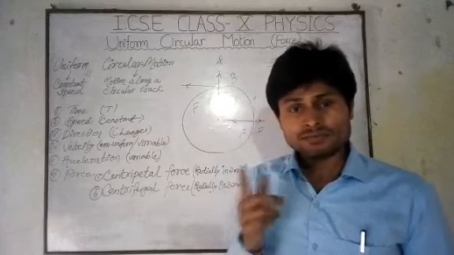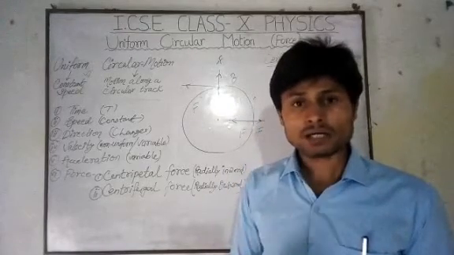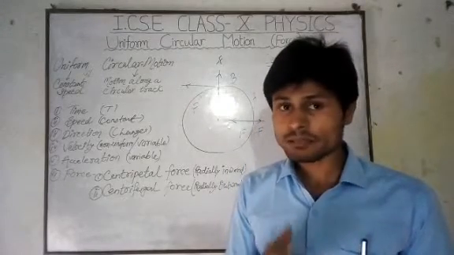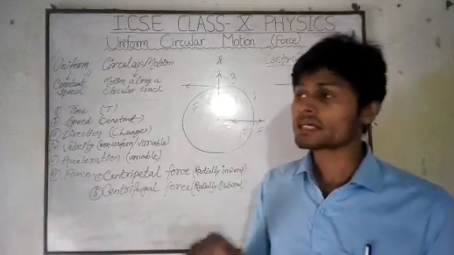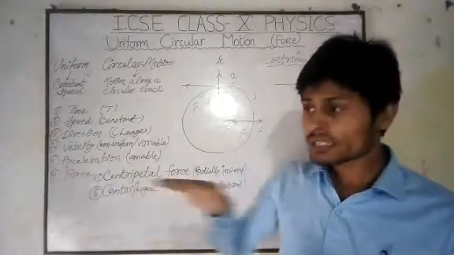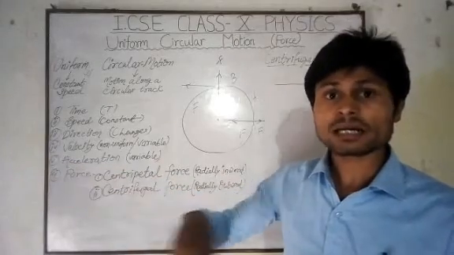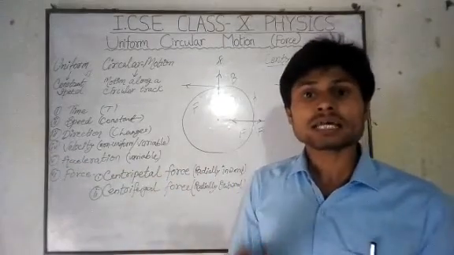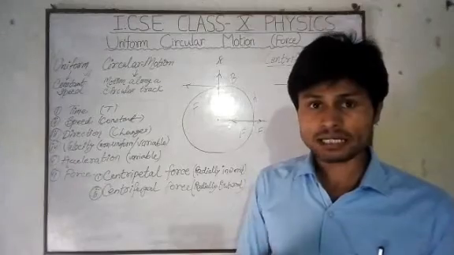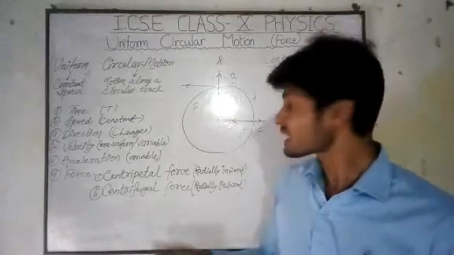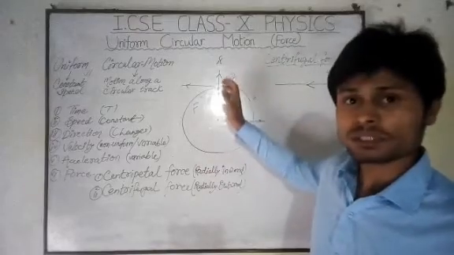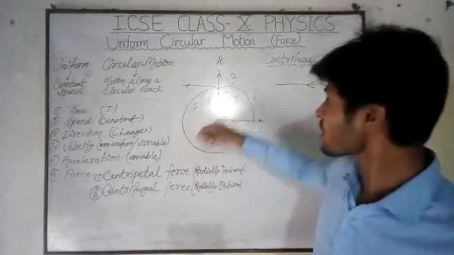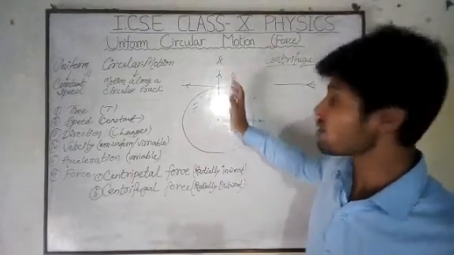Now if the centripetal force is not acting on the body, the particle at that point takes the linear path. So this tendency of taking the linear path acts as a centrifugal force, opposite to the centripetal force. When the centripetal force is present, this force is assumed to be acting on the same body but in the opposite direction.